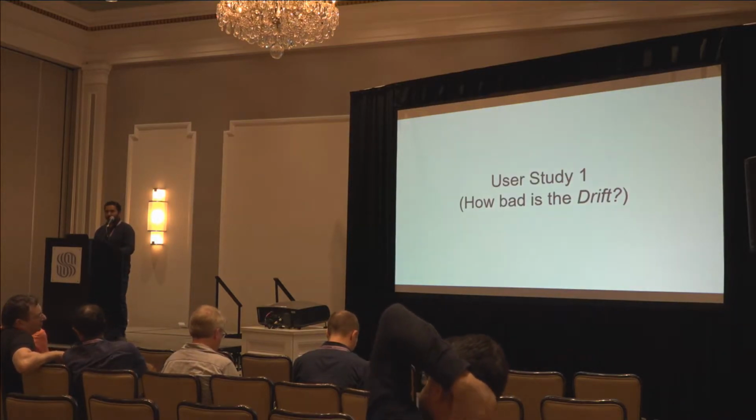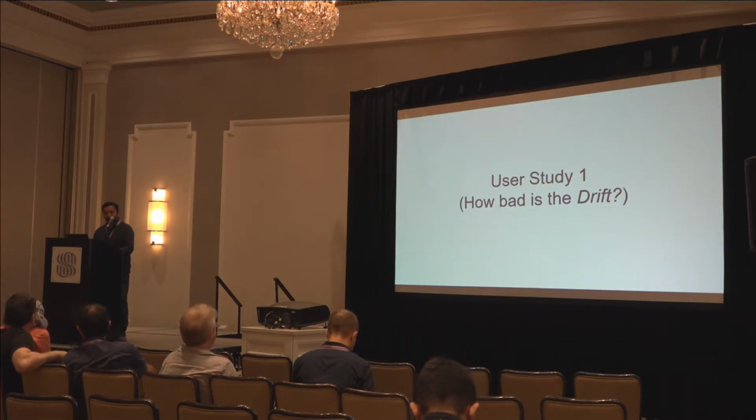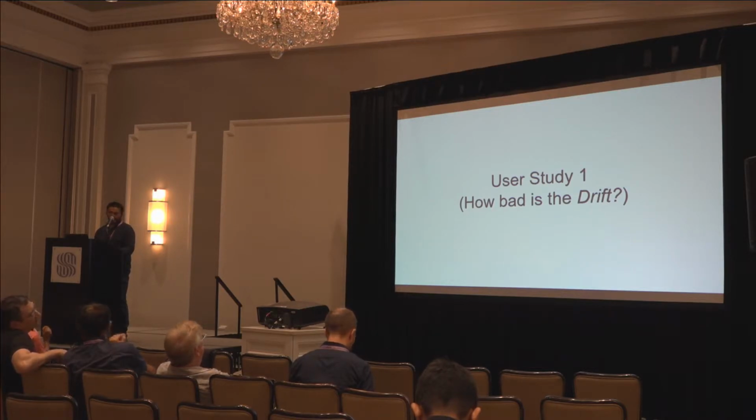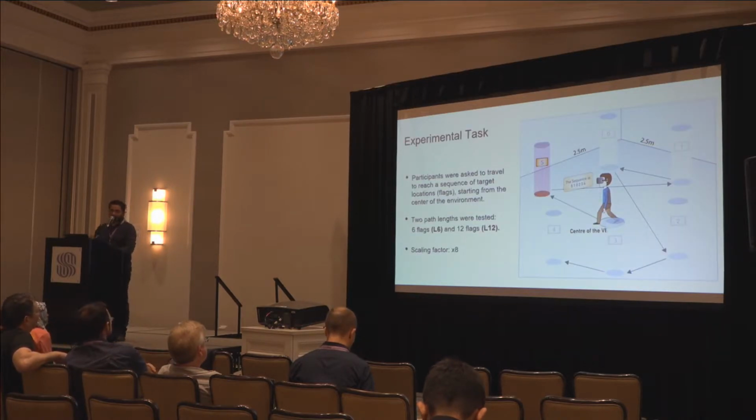At this point, we wanted to know how bad this drift can become. To understand more about this, we carried out a user study with 12 participants to gather information about this effect in a navigation task.